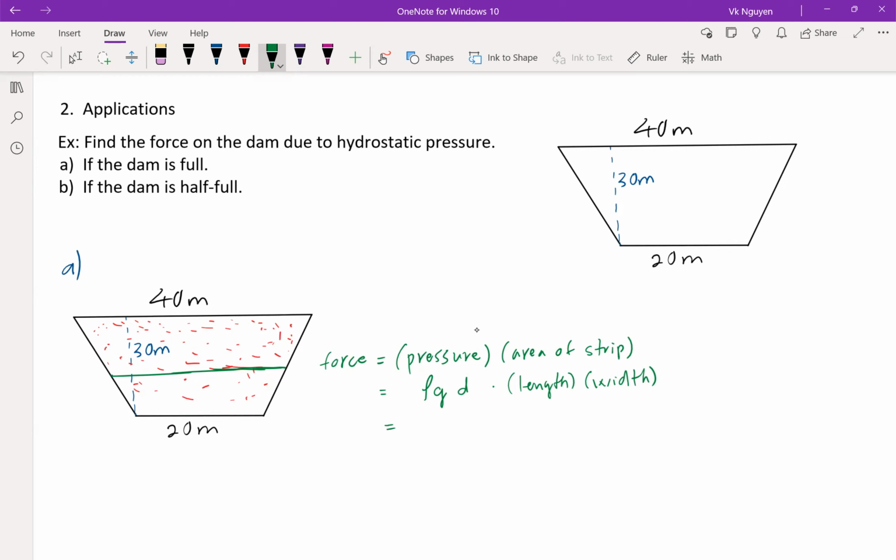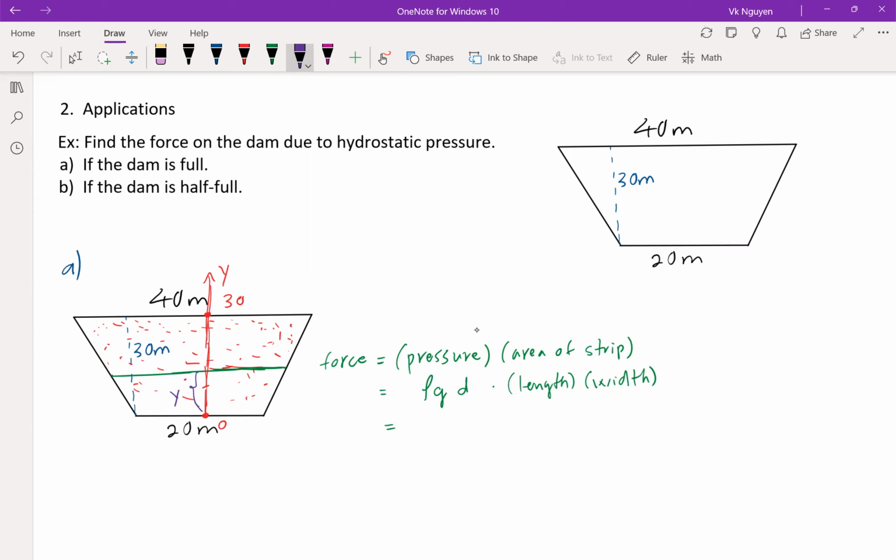Next step is, well, we can use the y-axis to make life a little easier. So I'm going to use this as the y-axis. I'm going to cut right in the middle. Down here is 0, and then up there is 30. The distance here is y.